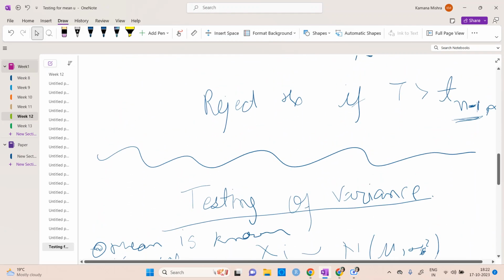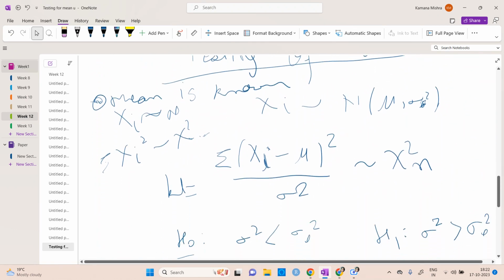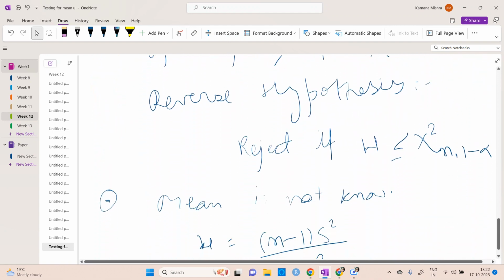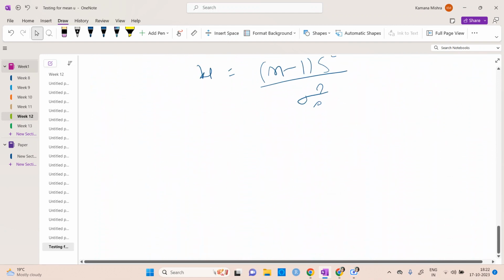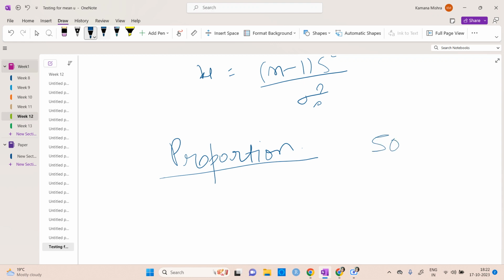Same case here also. And for the variance also, we take alpha, and alpha by 2 if we take a two tail test. Now if we take a test for proportion, so proportion is nothing but, let's say, you have 500, and 400 students pass and 100 fail.